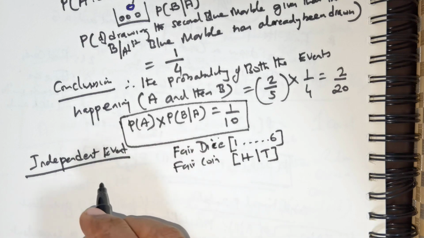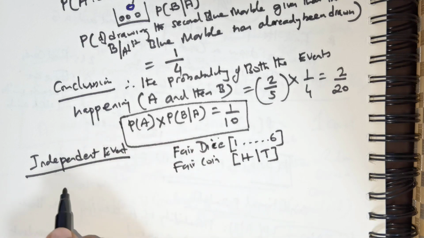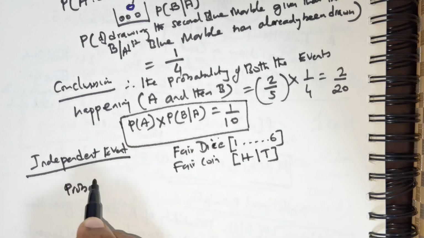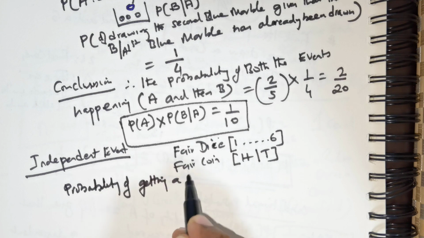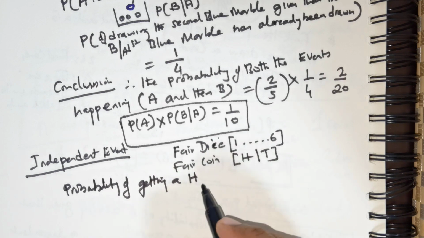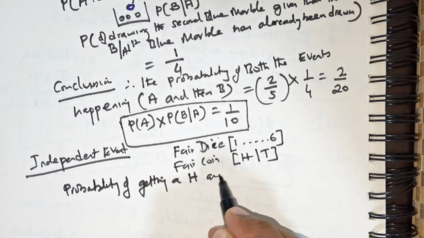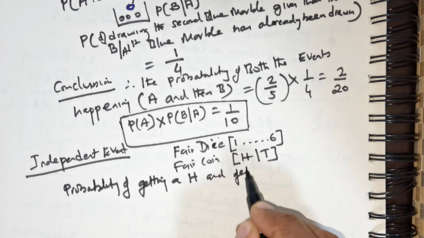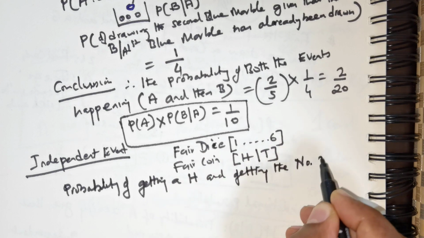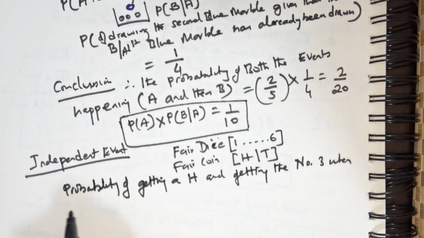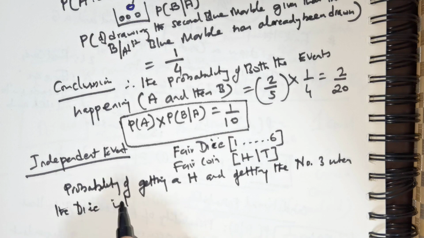Now the question is, I'm interested in finding the probability of getting a head when the coin is tossed and getting the number 3 when the die is tossed.